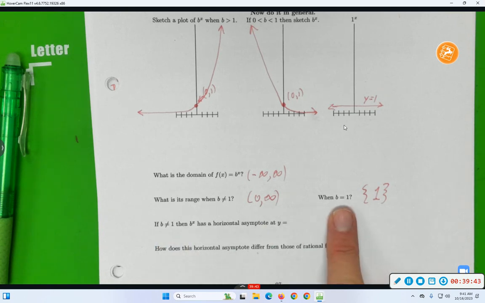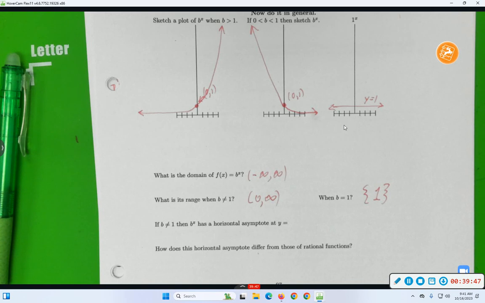So when b equals 1, that's a weird case. So let's deal with the non-weird cases. When b is not equal to 1, what horizontal asymptotes do these exponentials have? They have a horizontal asymptote at y equals 0. But it's not the same sort of horizontal asymptote as rational functions have.